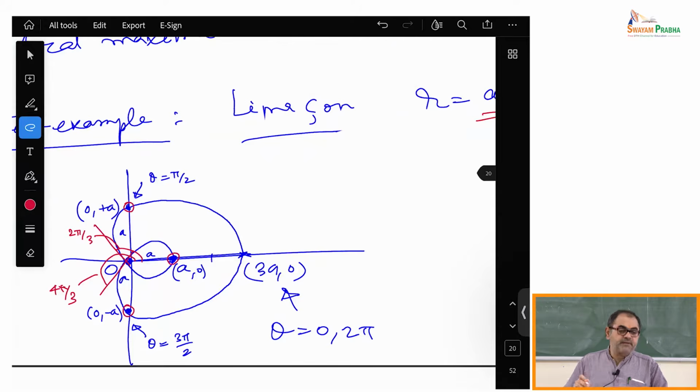Now to get this point inside, that should ideally correspond to an angle of 180 degrees. But if you put theta equal to pi, you are going to get r equal to minus a, and r is the distance from the origin. That should not be negative.